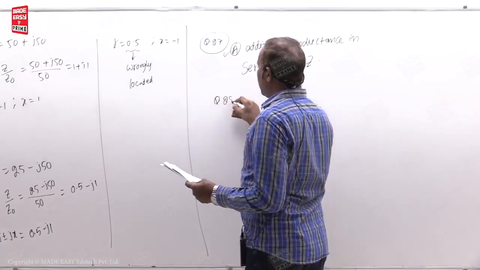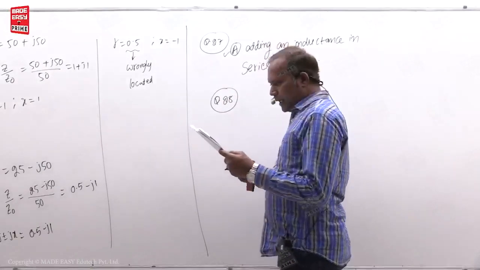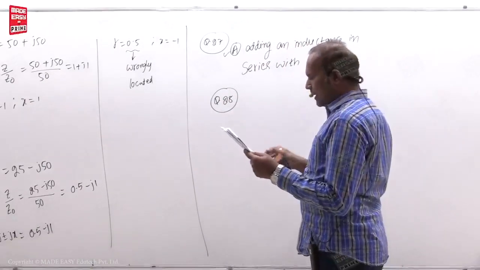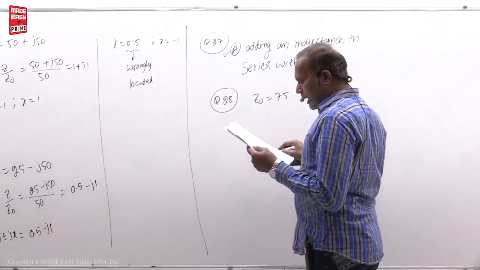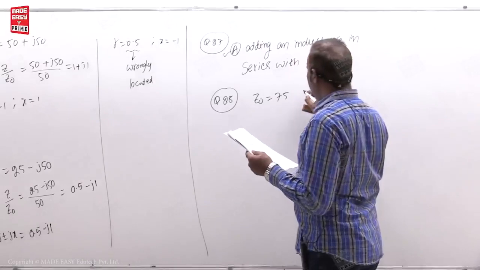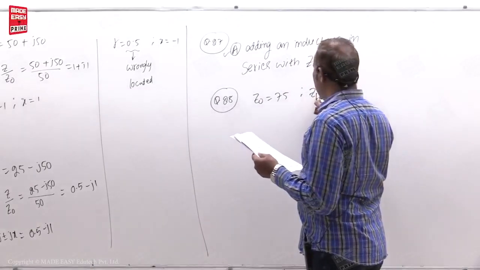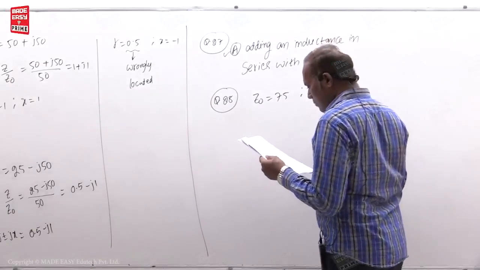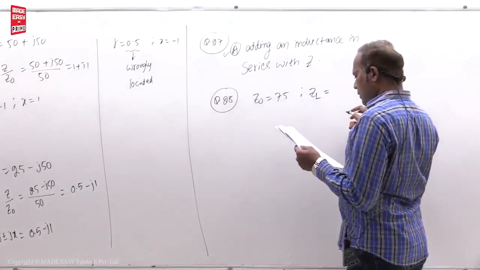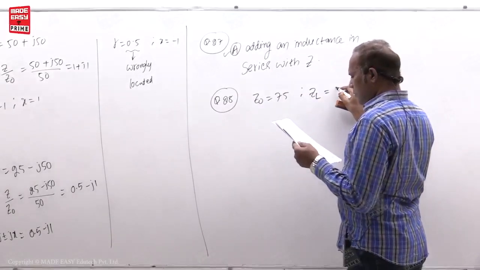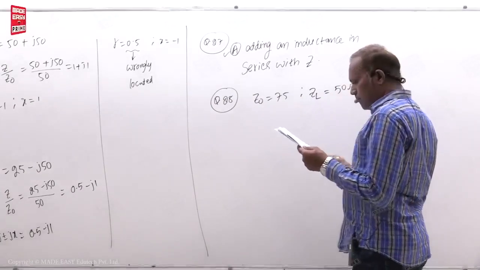Question number 28. A transmission line of characteristic impedance Z0 is 75, terminated with an impedance of 50 ohm. So ZL is equal to 50 ohm.